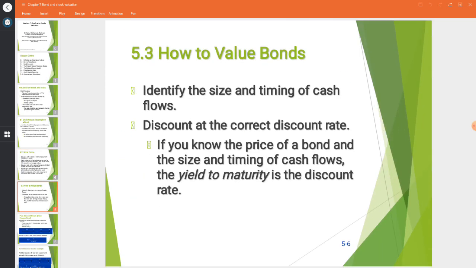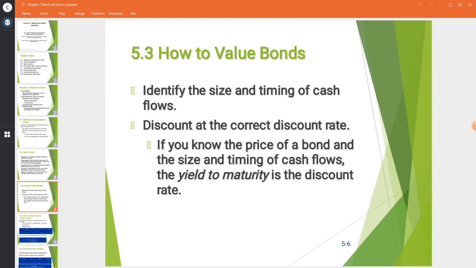How to value bonds? As I told you, you must first identify the size and timing of cash flows. Also, you must be aware of the discount rate that reflects a specific type of risk related to this type of bond.